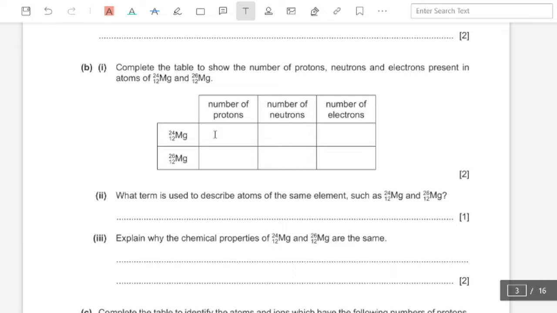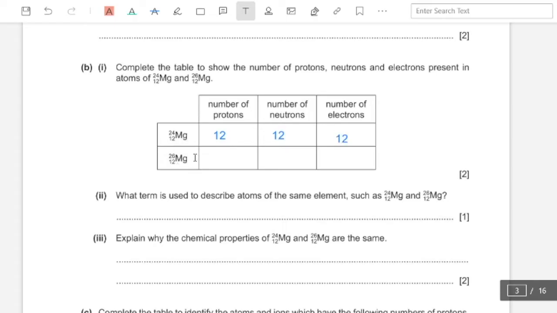So the number of protons in magnesium 24 is 12. The number of neutrons is the mass number minus the atomic number, which is 24 minus 12, which is also 12, and the number of electrons is equal to number of protons since this is a neutral atom. So this is also 12.